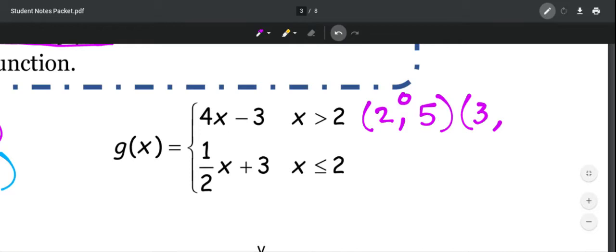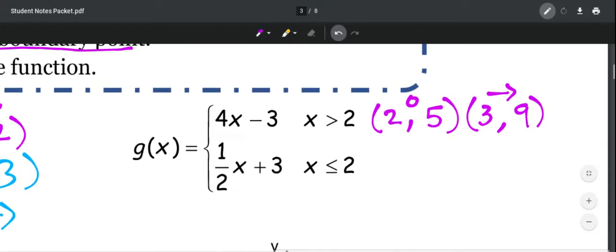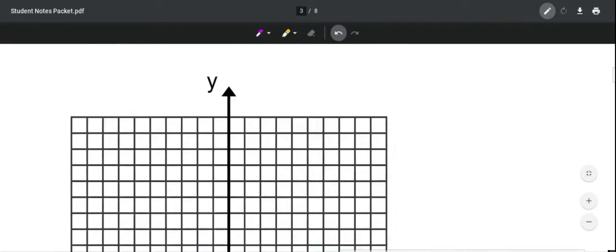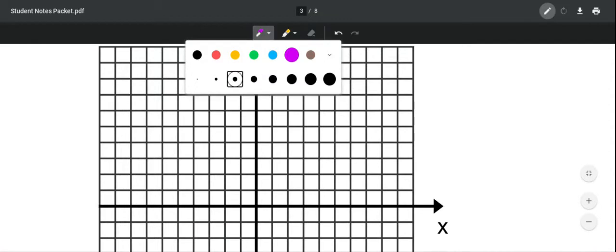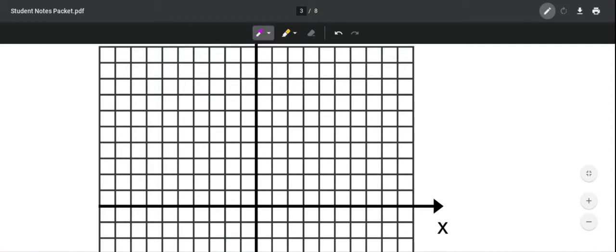4 times 3 is 12. 12 minus 3 is 9. If you pick a number too big, it might be off the graph, just so you know. So just kind of be aware of that as well. Okay, so that is the number I chose. That is where the arrow is going to go. So 2, 5 is an open circle. So 2, 1, 2, 3, 4, 5 is an open circle.